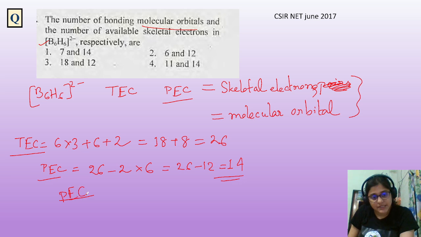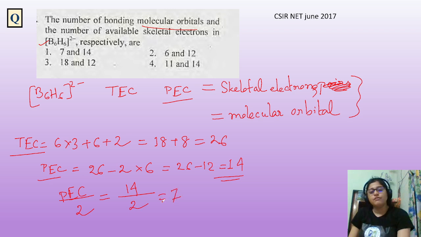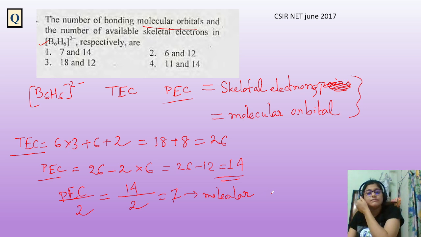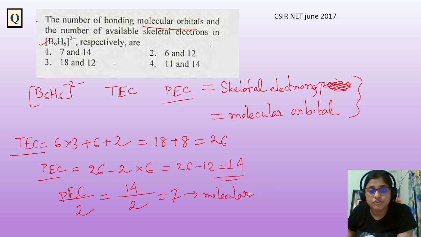The third step is PEC by 2. So 14 by 2 means 7. What is 7 now? 7 is the molecular orbital. Okay. And this is the skeletal electron pair.